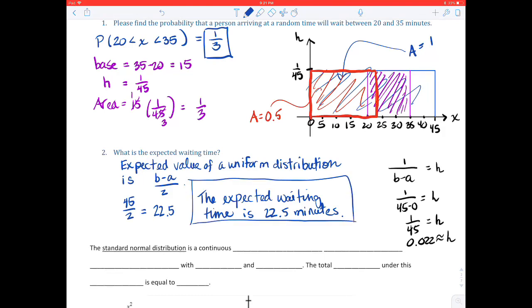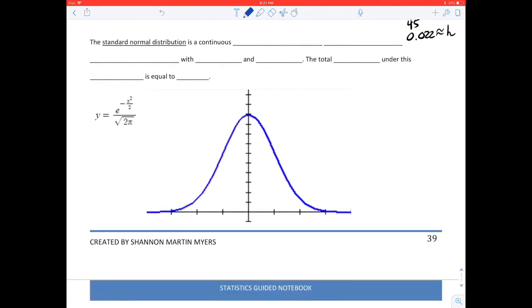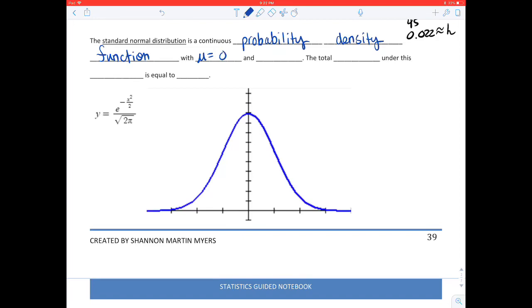So now let's get into the standard normal distribution. The standard normal distribution is a continuous probability density function with the theoretical mean mu equal to 0 and the theoretical standard deviation sigma equal to 1.